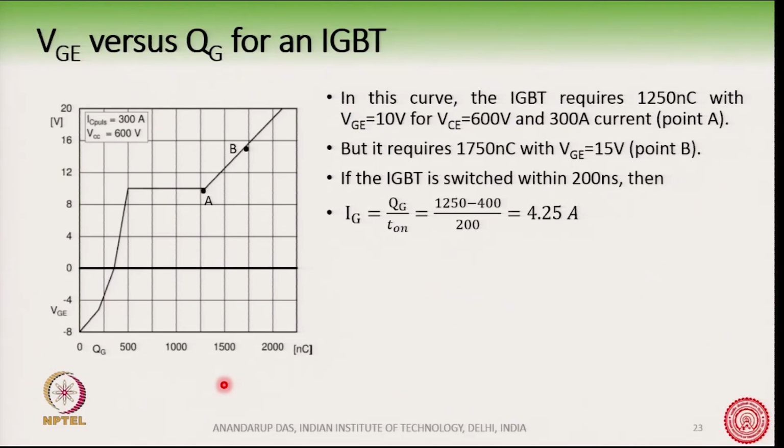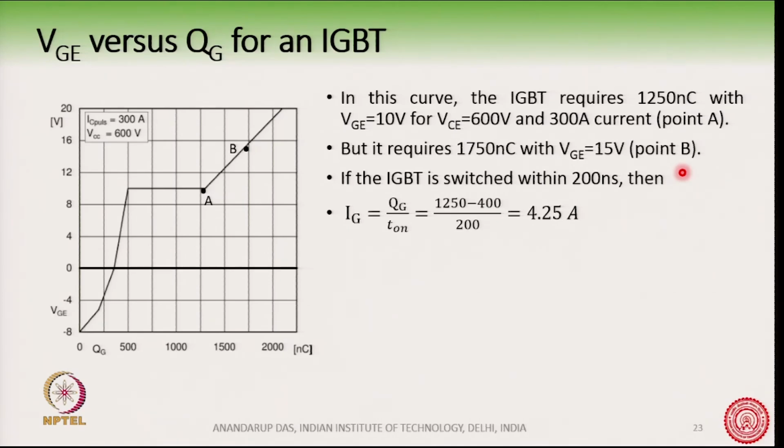But if you increase the Vg to point B, about 15 volts here, then you will need roughly 1750 nanocoulomb of charge, starting from the complete off stage to a complete on stage of the device.